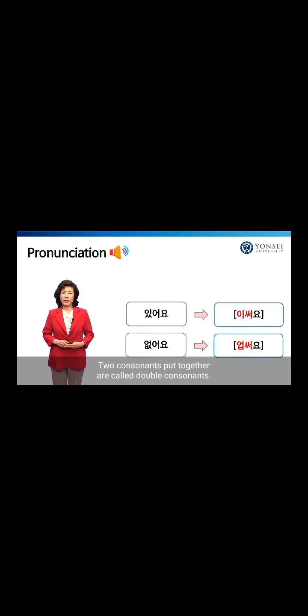Two consonants put together are called double consonants. When you pronounce them, you pronounce the first one as it is, and the second one is prolonged to the next syllable or vowel. So, in simple terms, the first final consonant 비읍 in 없 makes the op sound, and the second final consonant 시옷 is prolonged to create a 없어요 sound due to its harsh sound. Let's repeat that again. 없어요. 없어요. Well done.